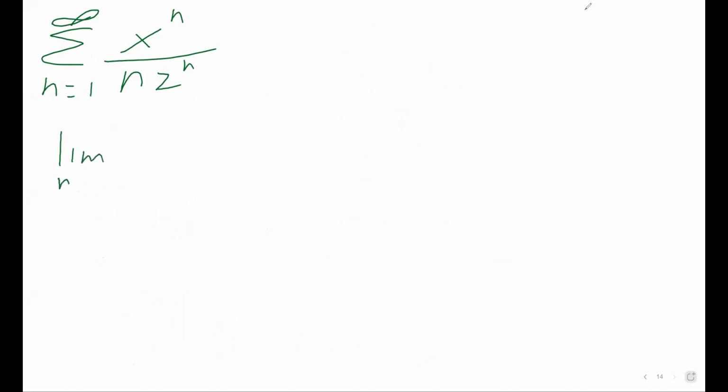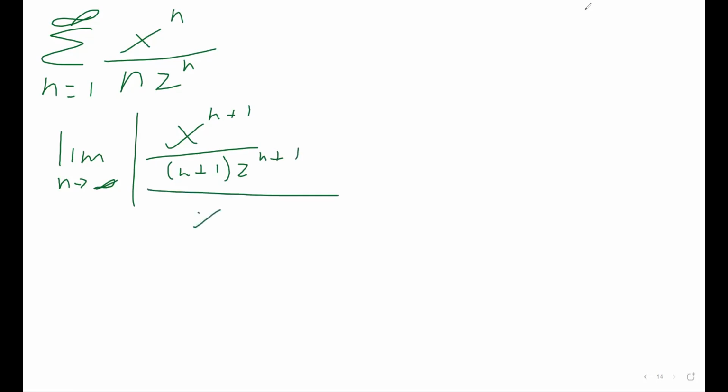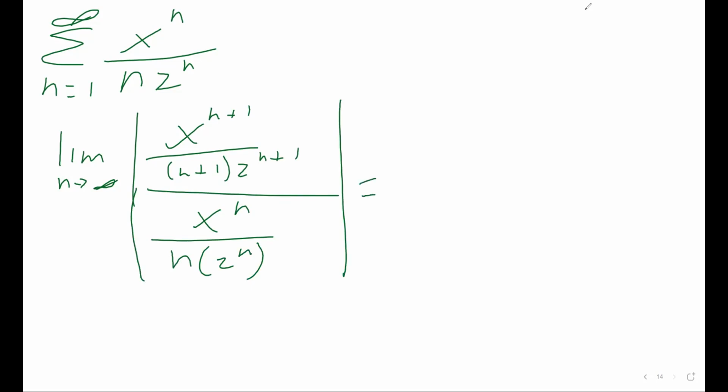The limit as n goes to infinity of x to the n plus 1 over n plus 1 times 2 to the n plus 1, all over x to the n over n times 2 to the n.